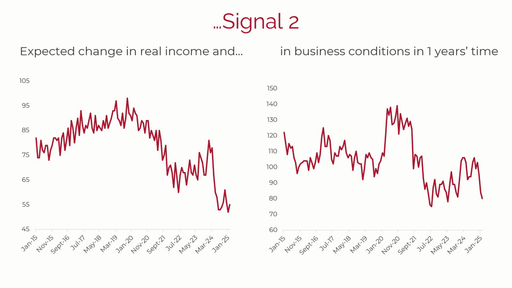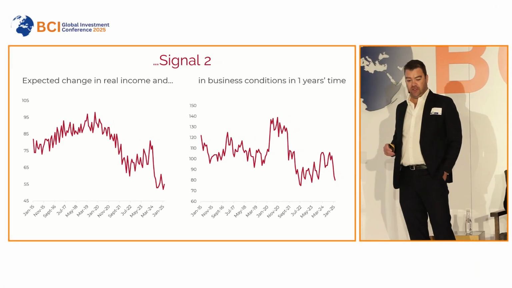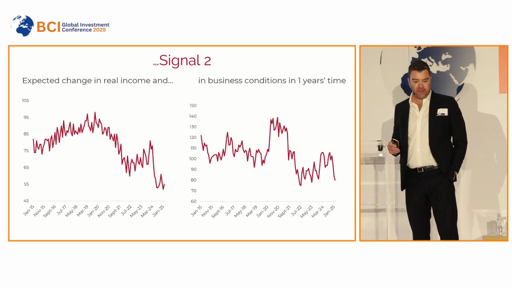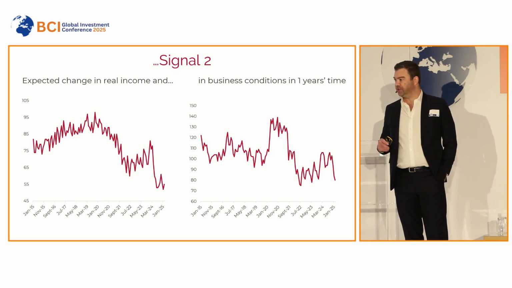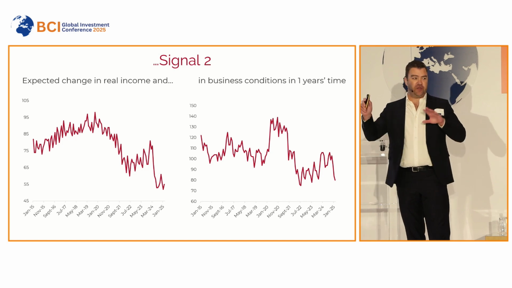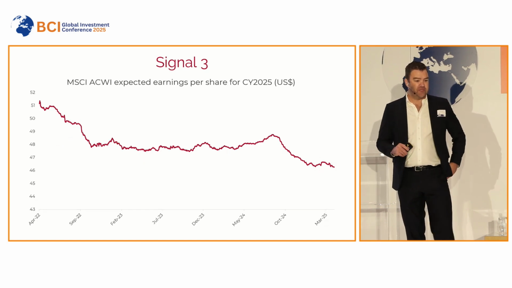Consumers expect change in real income to decrease, and businesses expect business conditions in 1 year's time to sharply decrease. These are soft data, and we'll never make asset allocation decisions just on soft data, but it is part of putting the whole picture together.